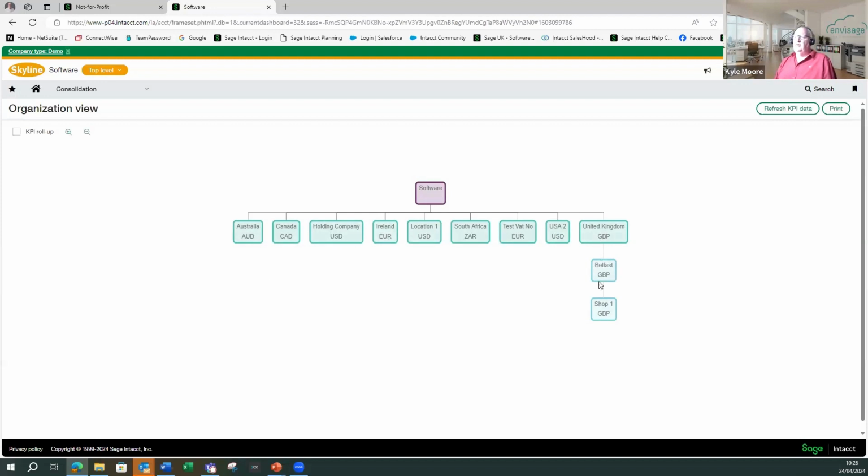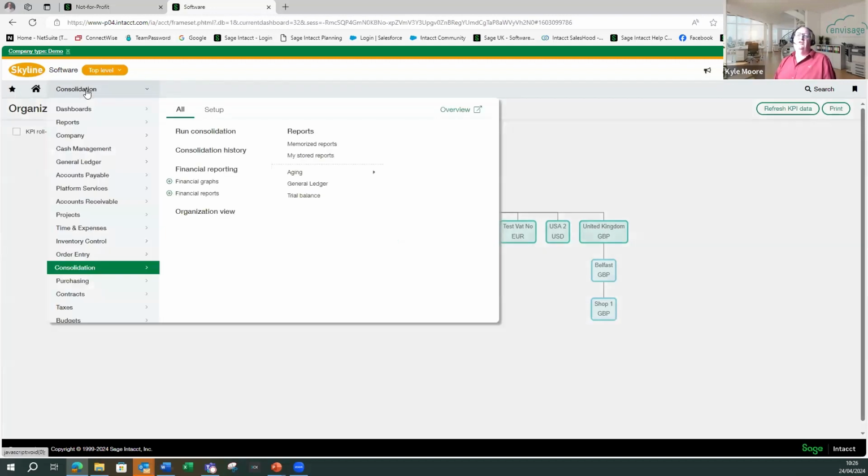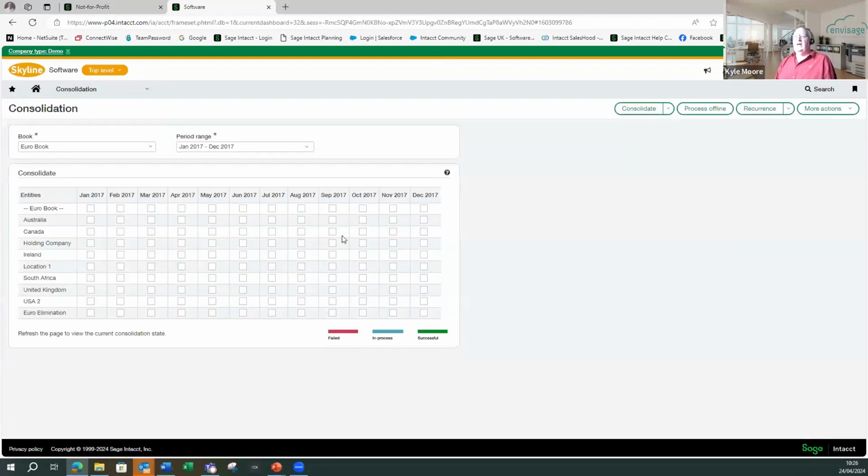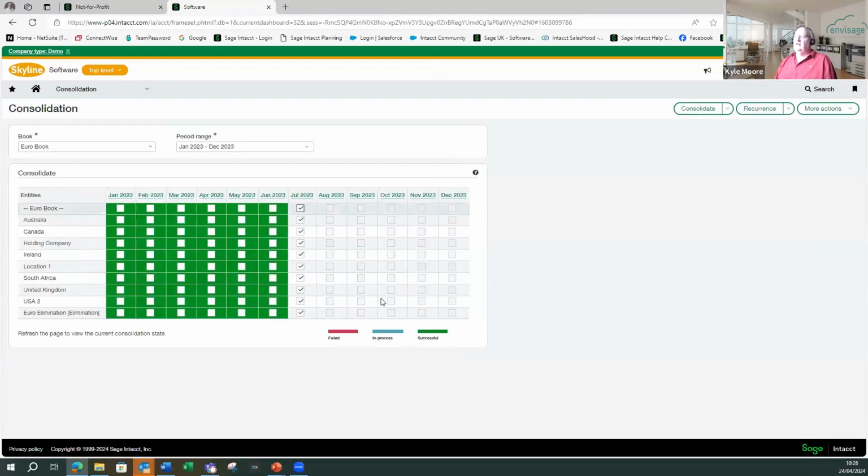And in fact, we can have sub-locations as well here as we look at the graph. This allows us to hold data in different places and share data as well. And we can run consolidations very quickly and easily just by clicking on the consolidation and consolidating that information from the system. So we've got all of that at our fingertips, really.